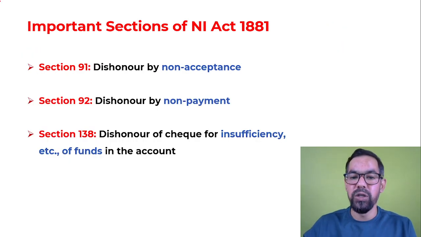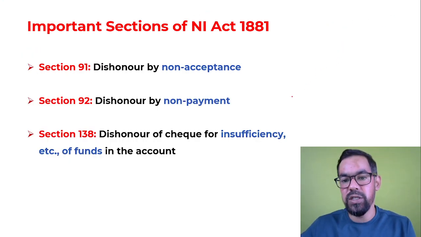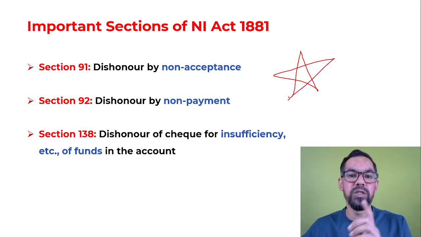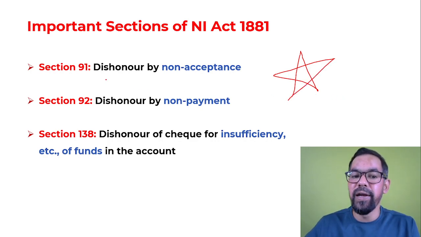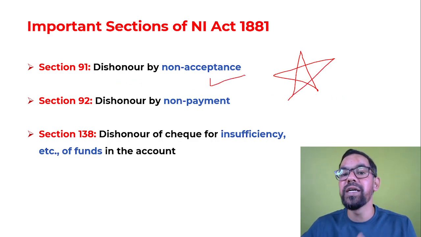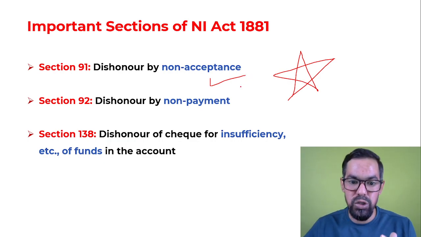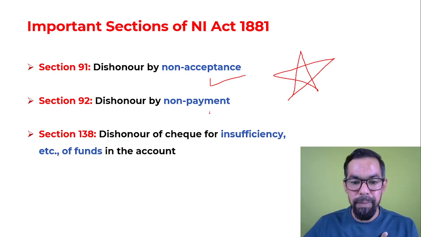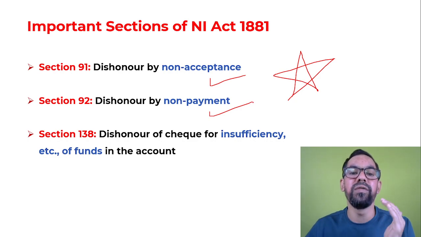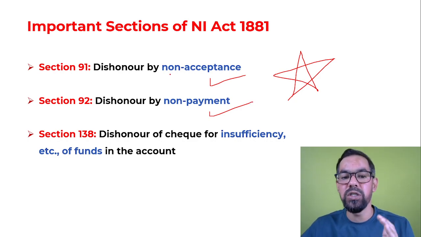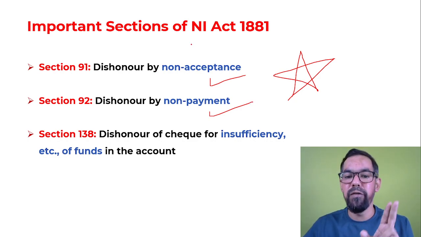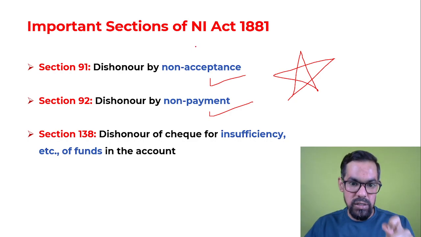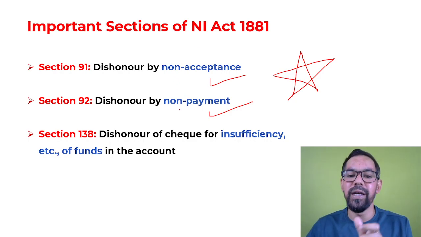Next one. This is again a very, very important section. Many times the examiner asks questions based on these three. Section 91, dishonor by non-acceptance of a negotiable instrument, and Section 92, dishonor by non-payment, if it does not fulfill the guidelines of acceptance or payment.